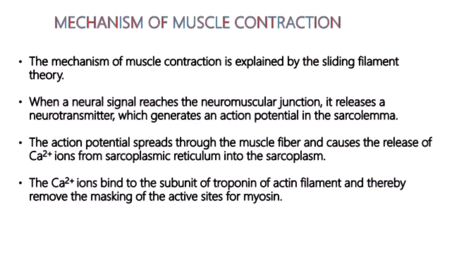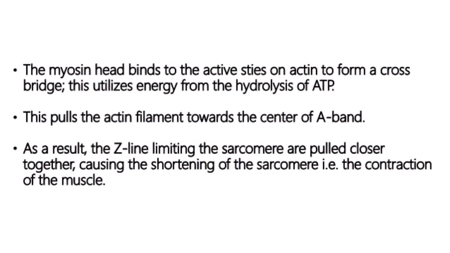The action potential spreads through the muscle fiber and causes the release of calcium ions from the sarcoplasmic reticulum into the sarcoplasm. The calcium ions bind to the subunits of troponin on each filament and thereby remove the masking of the active sites for myosin. The myosin head binds to the active sites on the actin to form a cross bridge.